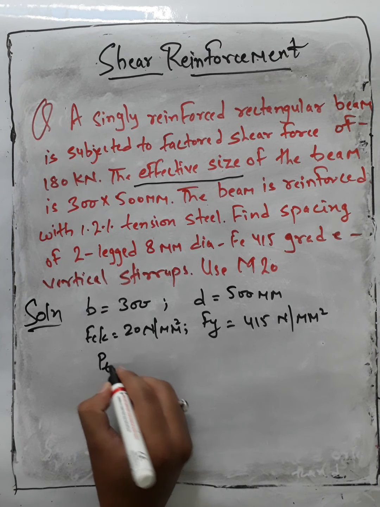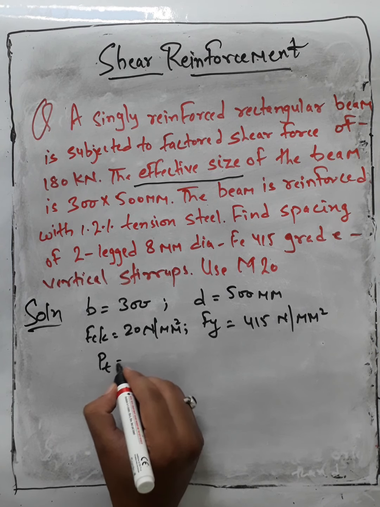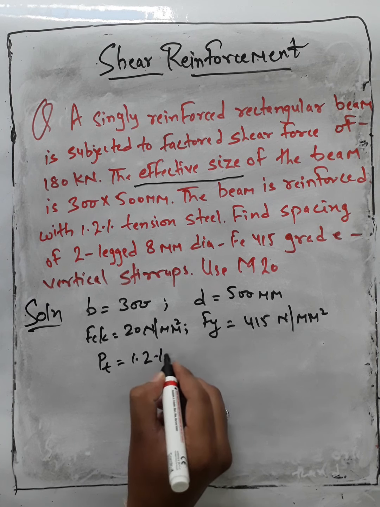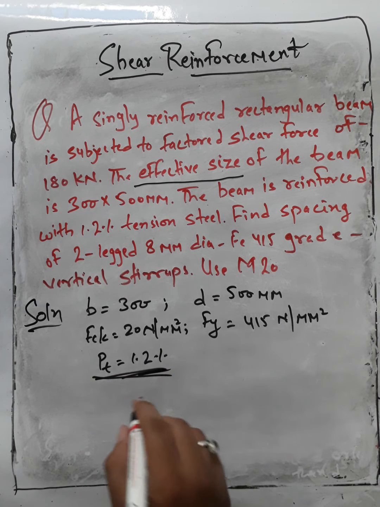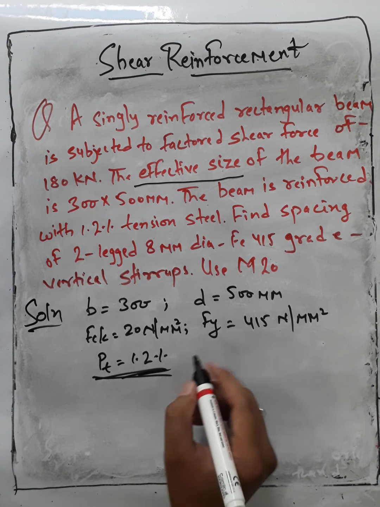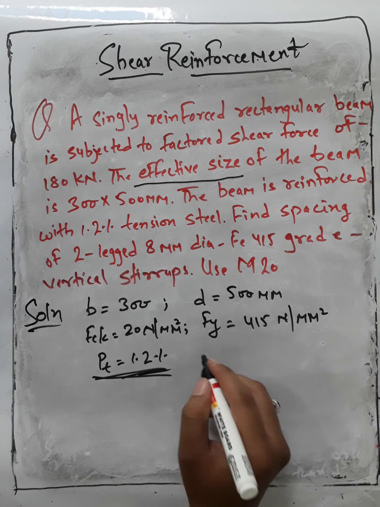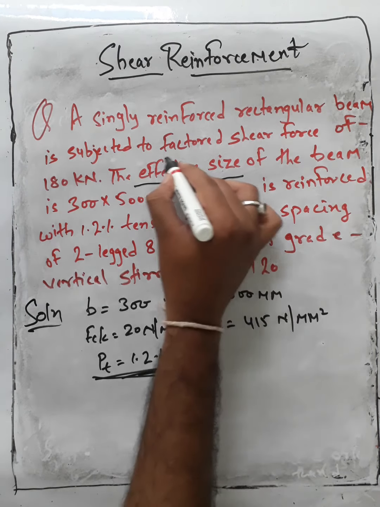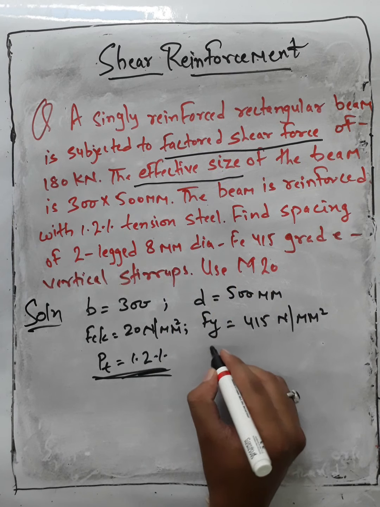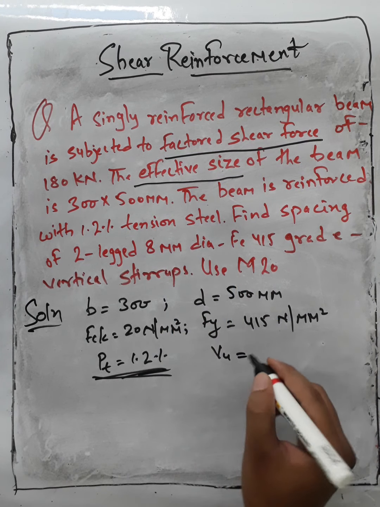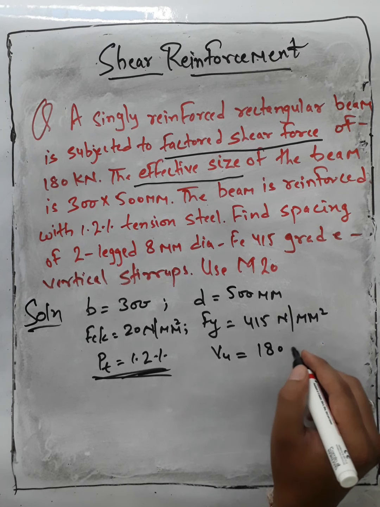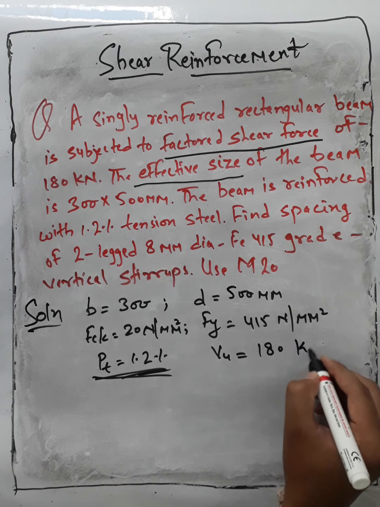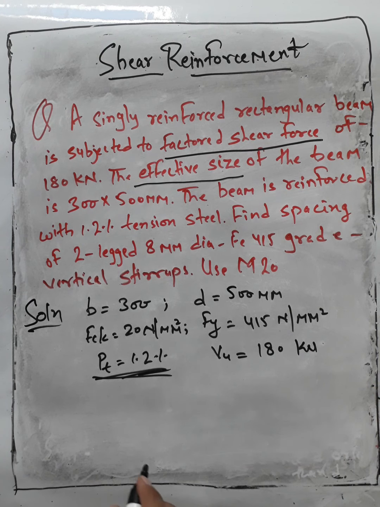Here we have given the tension percentage, that means pt is equal to 1.2%. This pt is required for finding tau c. And we have given the factored shear force, which is called Vu. So Vu is equal to 180 kilonewton. This value we have given.